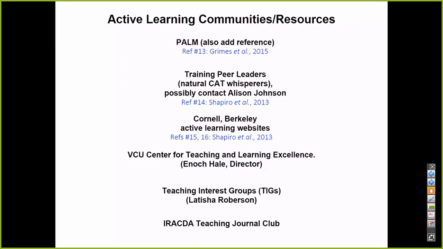Oh, sorry. This is useful to you. If you have an active learning mentor to help you implement this, it's really helpful. So I'll just mention this PALM. The Genetics Society of America, GSA, actually has this PALM network, Promoting Active Learning and Mentoring, where they actually give you money, right? $2,000 for you to travel between you and some institute where you identify.